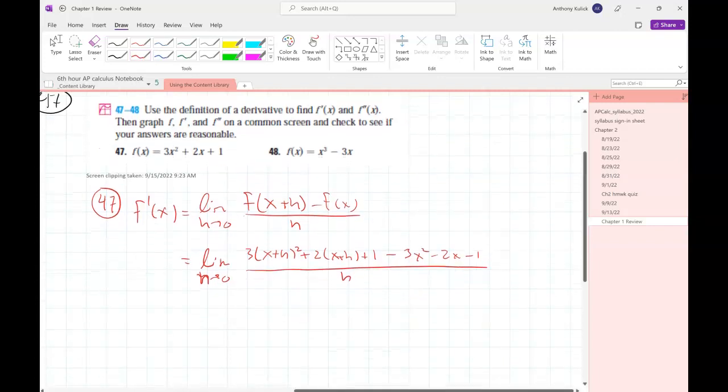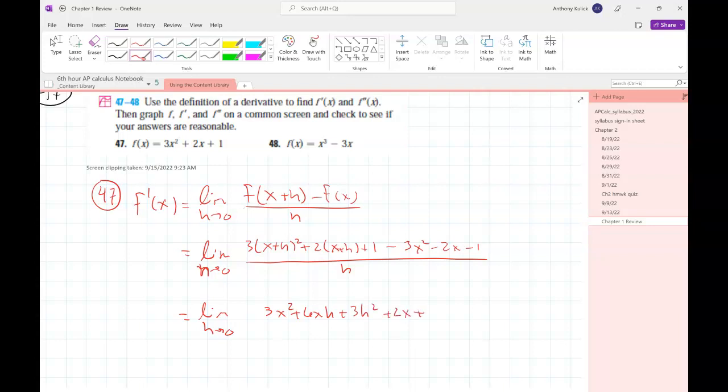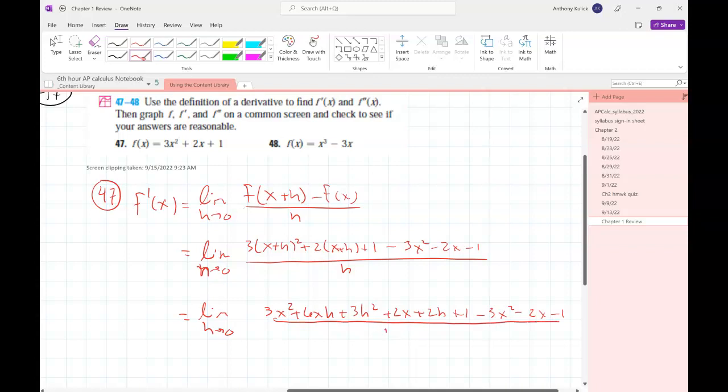Okay. I'm going to go ahead and simplify now through the numerator. So I'm going to expand and FOIL here. So 3x squared plus 6xh plus 3h squared, plus 2x plus 2h plus 1, and minus 3x squared minus 2x minus 1, all over h.